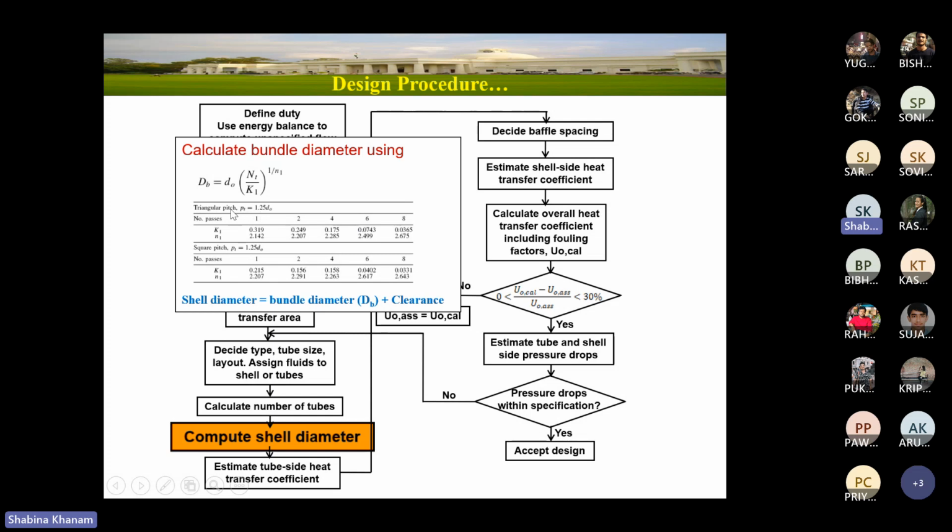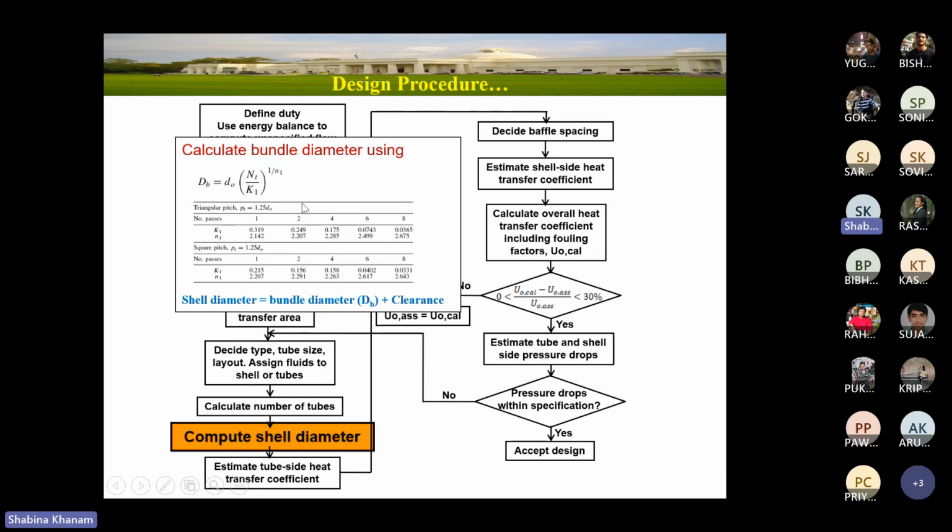So if you consider triangular pitch, depending upon the number of passes, let's say a 1-2 heat exchanger, so that should be 2, right? So K1 N1 you can figure out from here.